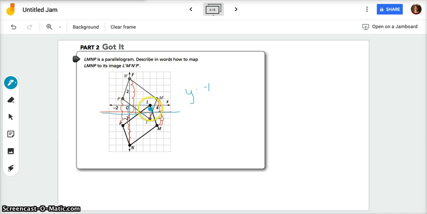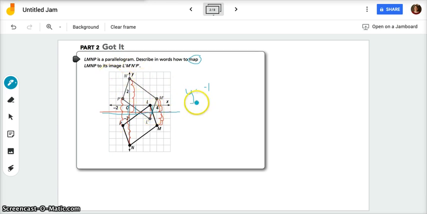So if we were just to describe this mapping, and mapping, when they say mapping, just means how did they change, how did they get the original shape to be in the new shape? So how did they map it out?